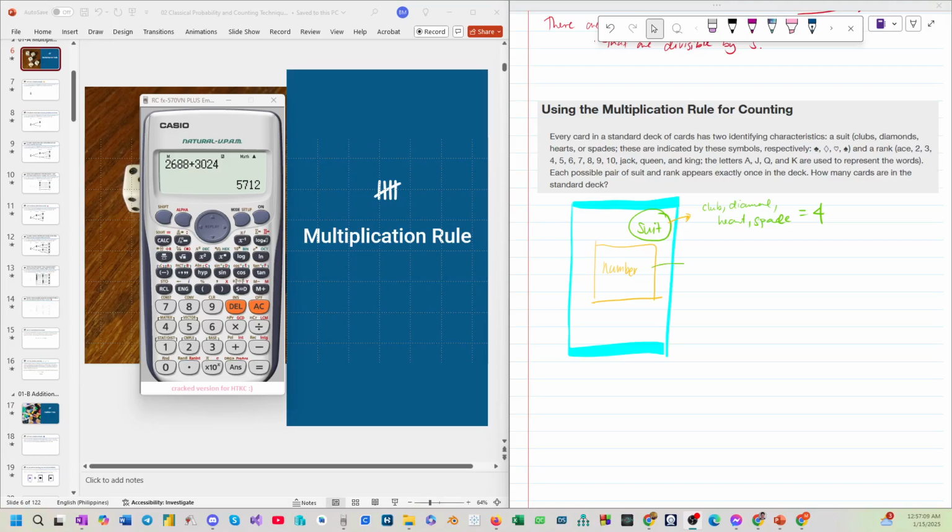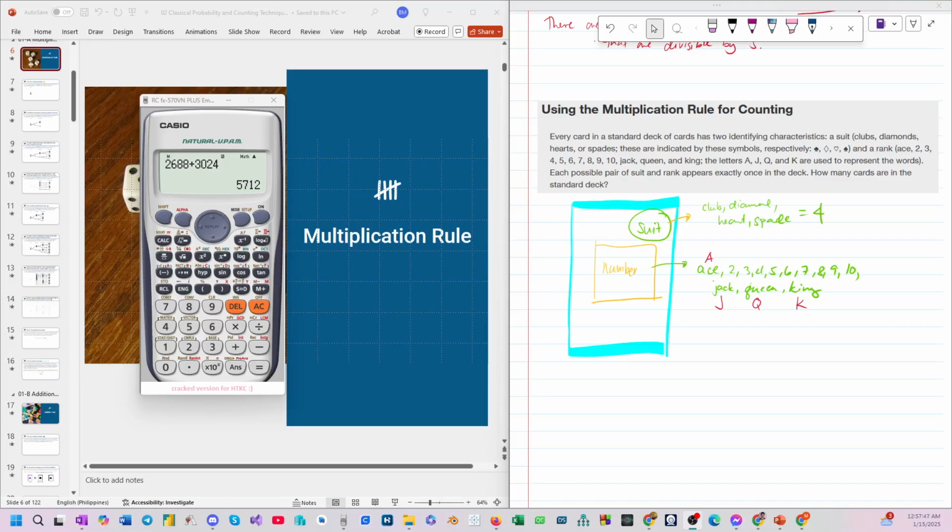Ace. So, ace, A to 10. Kanang A to 10 is 2, 3, 4, 5, 6, 7, 8, 9, 10. Tapos, Jack, Queen, and King. Okay? Or you can represent it as, ano daw, sabi niya dapat ito, A, J, Q, K. Okay? Yun lang naman yan.